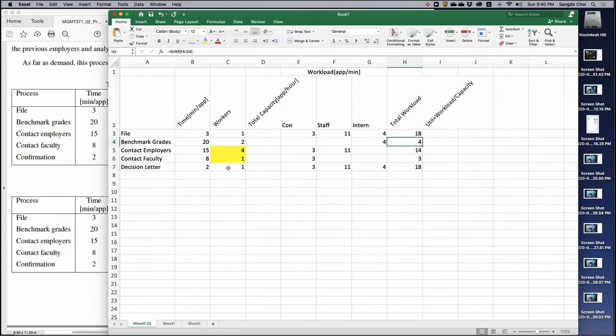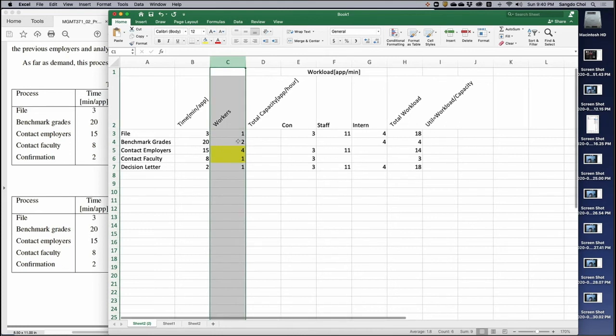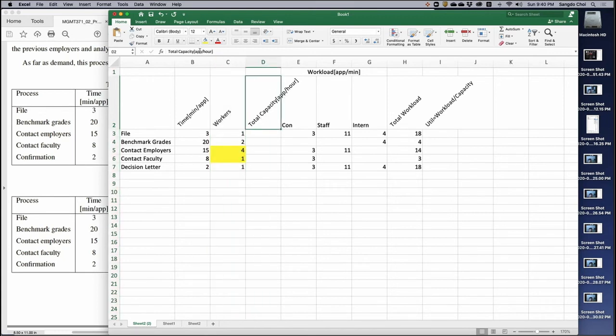But now think about this. For workers and processing time, what is their total capacity? I can use minutes per hour. How many minutes are available? Actually 60 minutes, right?